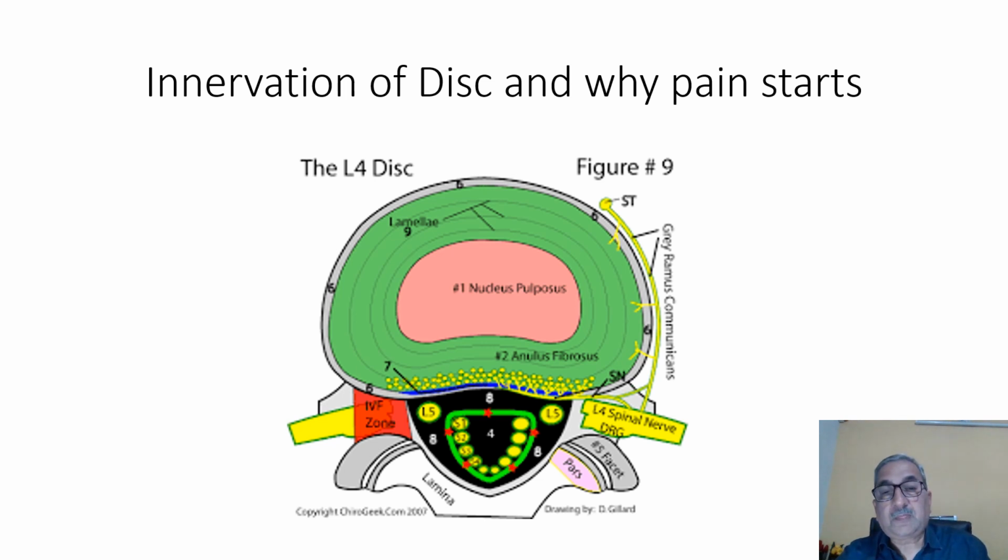So if you treat the dorsal root ganglion bilaterally by blocking these two, you will block the nerve supply. Now, why does the pain come from the disc? Whenever the annulus fibrosus gets a cut, the nerves in the periphery are irritated. Plus the nucleus from the center peeps in and goes into the annulus fibrosus. This nucleus is very irritating and causes nerve irritation.